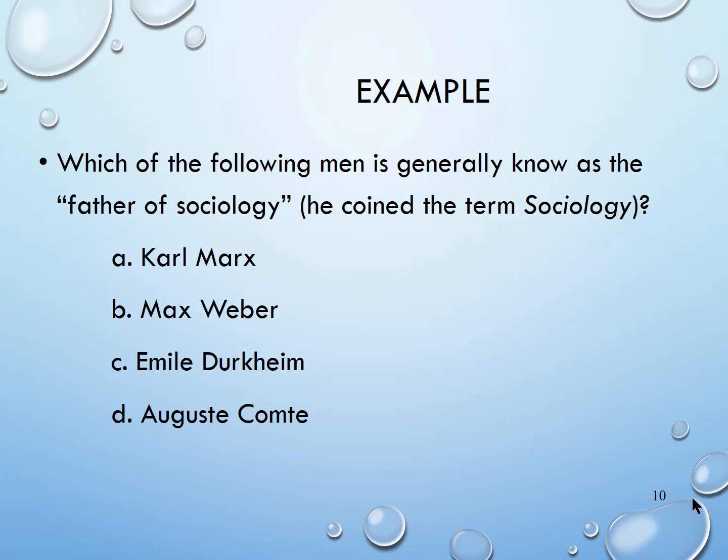Assume I give you this question that I usually give in my introduction to sociology class. Which of the following men is generally known as the father of sociology? So he's the one that came up with the term sociology.